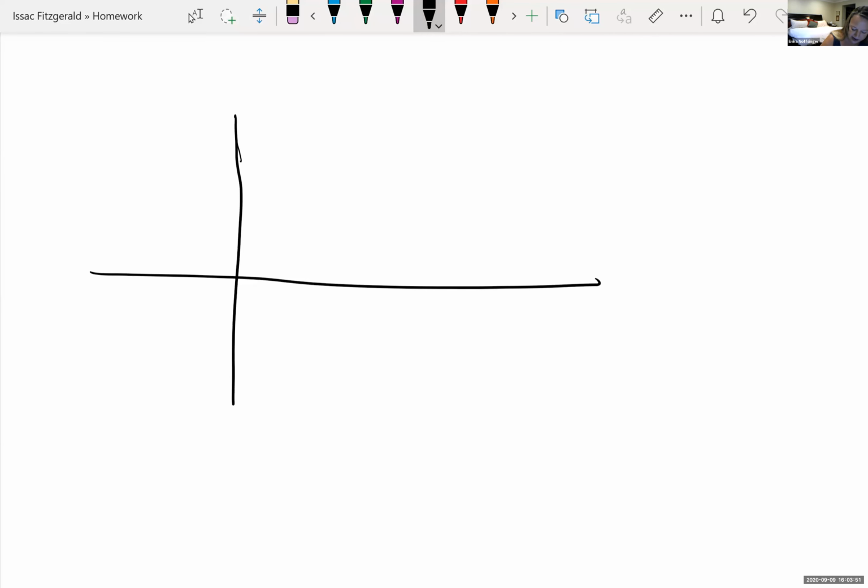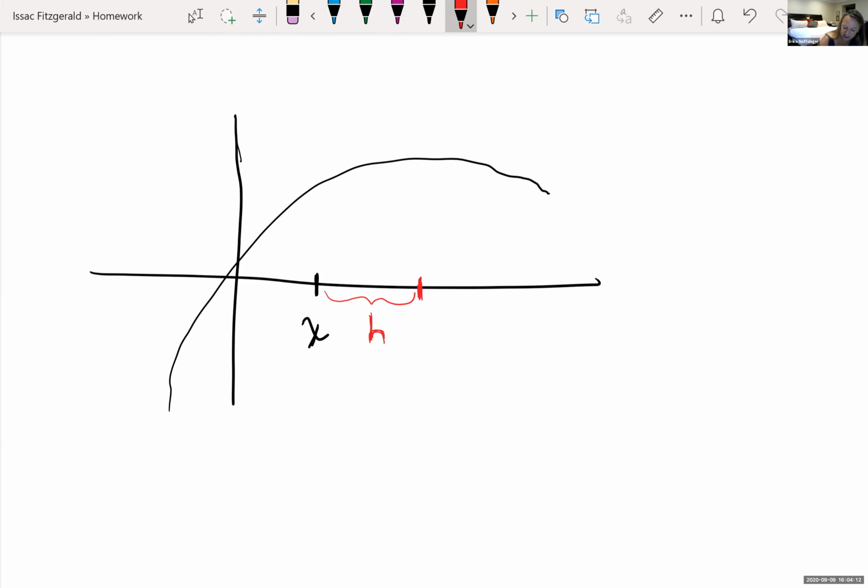So let's say we have, again, some function. Let's say that we have some x value here. And let's just go out here a distance of h. So if we added a distance of h to our x value, then this point right here would be x plus h.